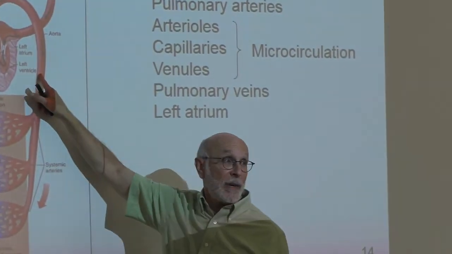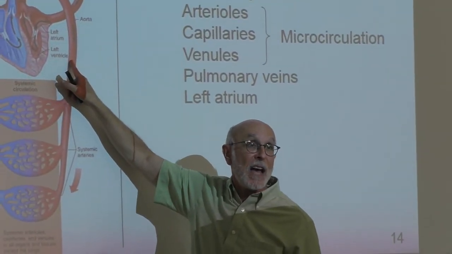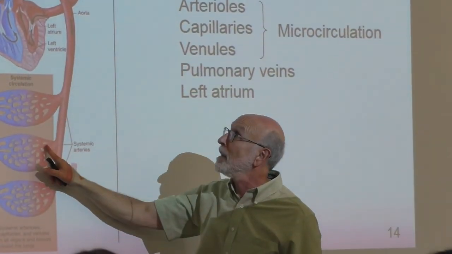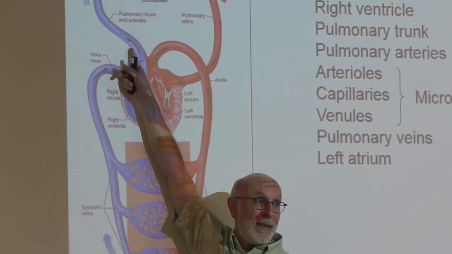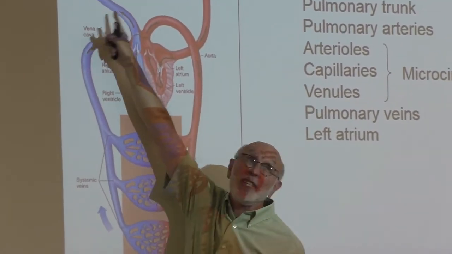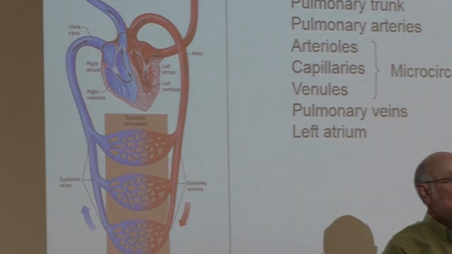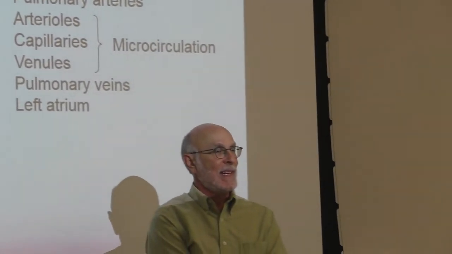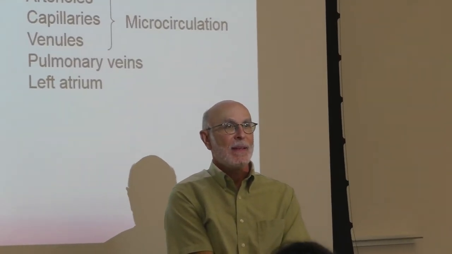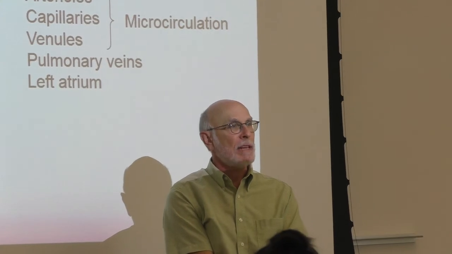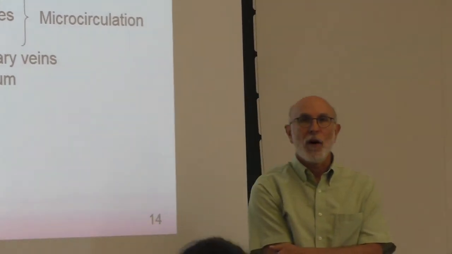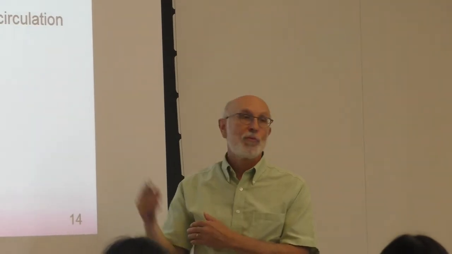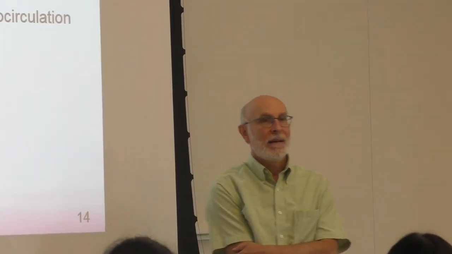So the aorta is an artery that takes oxygenated blood from the heart to the body. The pulmonary trunk is an artery that takes deoxygenated blood from the heart to the lungs. Okay? It's not really confusing if you think about the way the blood is flowing. It's only confusing if you use one of these color schemes.